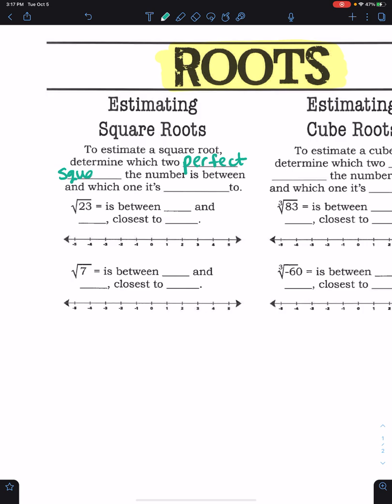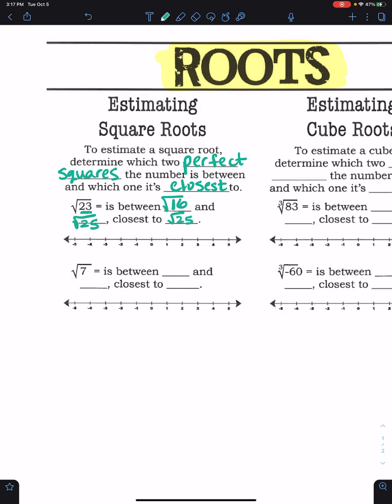And then once you've done that, you're going to figure out which one it's closest to. So for example, 23 is between the perfect square 16 and the perfect square 25. It's closest to the square root of 25.